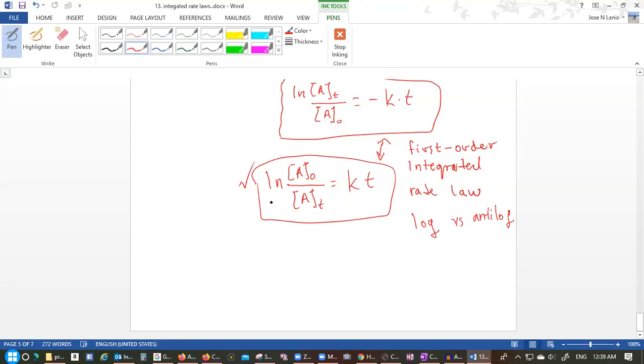So one way, remember this situation here. This is another mathematical trick. Let's say you have A squared equals 25.